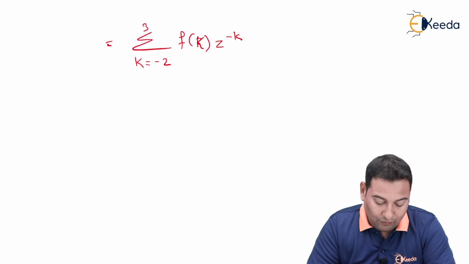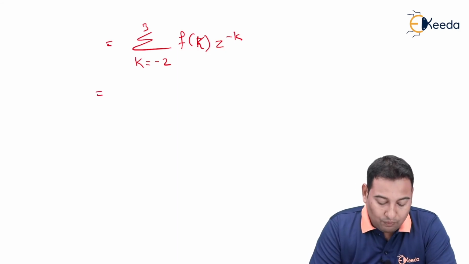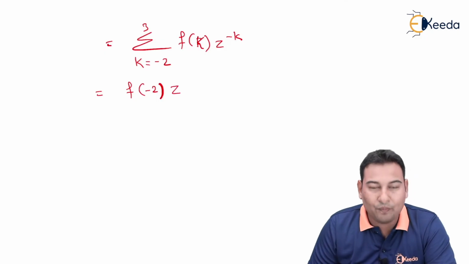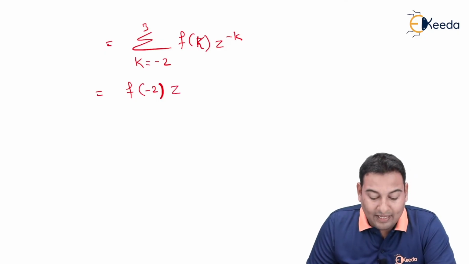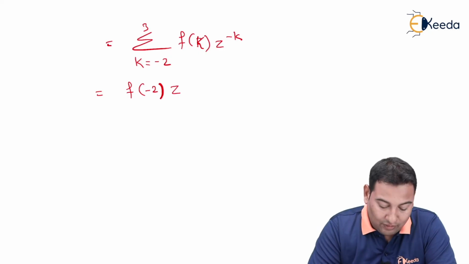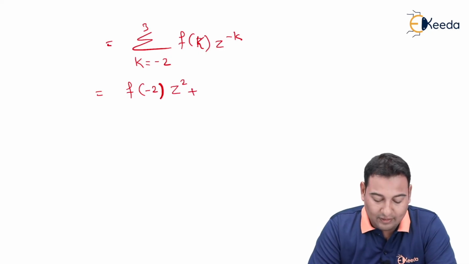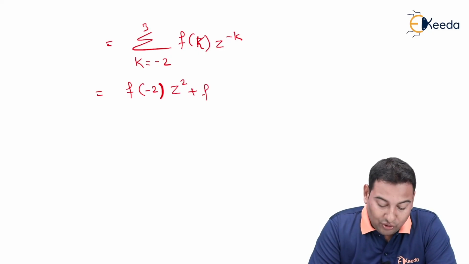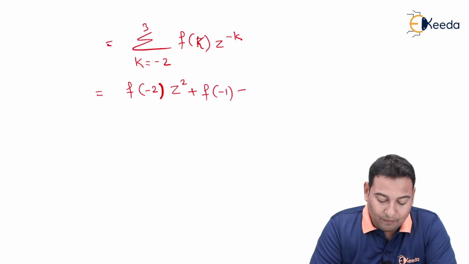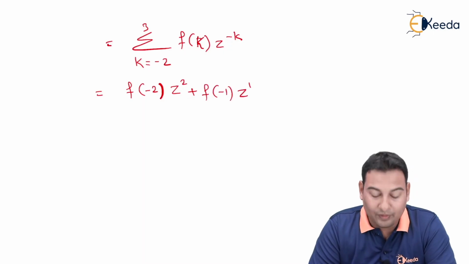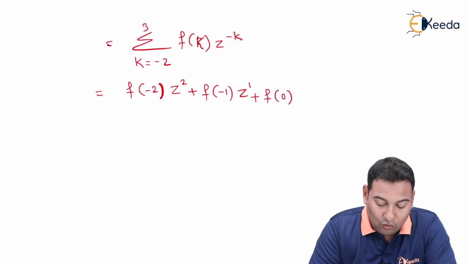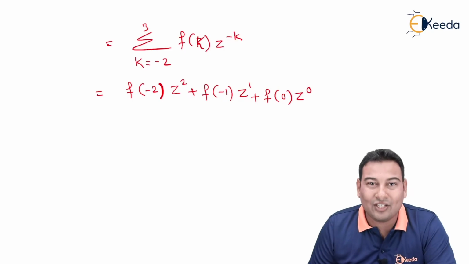Let's put the values of k. So first k will be minus 2. So f of minus 2 into z raised to minus k, and k is minus 2, so that will be z square. Plus, then we're going to substitute minus 1. So f of minus 1 z raised to 1. Then I'm going to put 0. So f of 0 z raised to 0 because k is 0.